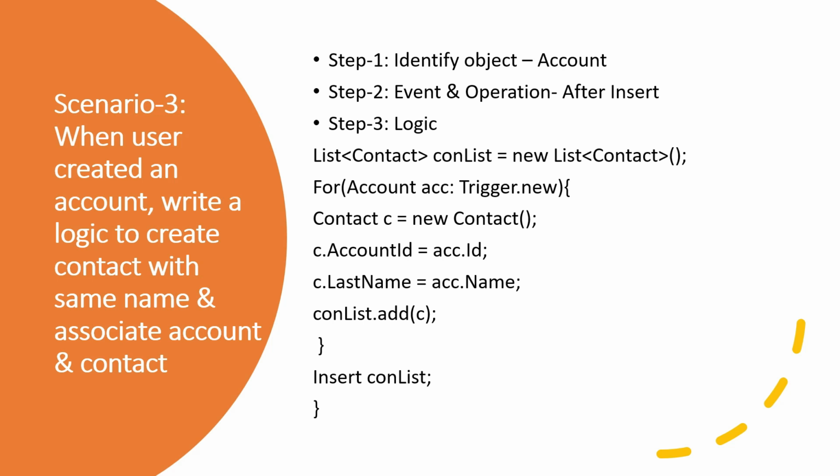List of contact, conList is a variable name, new list of contact, and we are iterating Trigger.new and holding it in the variable acc.